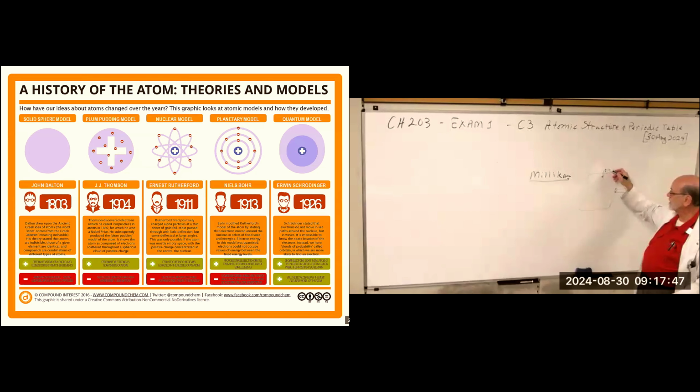Right? So he had oil that was sprayed into very fine drops, and then he had two plates. So he had this positive plate and this negative plate. And the charge on the plates was calibrated so that he could tell what the charge on each oil drop was that he watched. They would fall under gravity through a little hole here, and he could watch them.